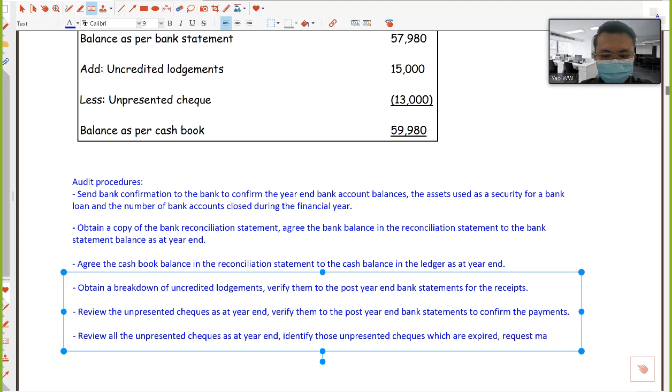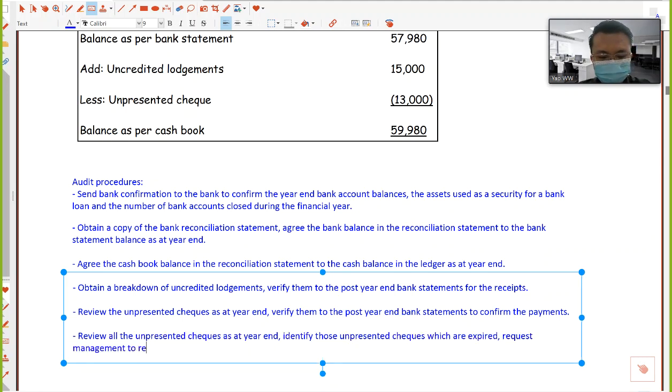Request management to reverse the cash book payment transaction. Ask management to reverse the payment. Yeah, like cancel the transaction. Debit bank and credit payable. Okay, do a reverse for the transactions.